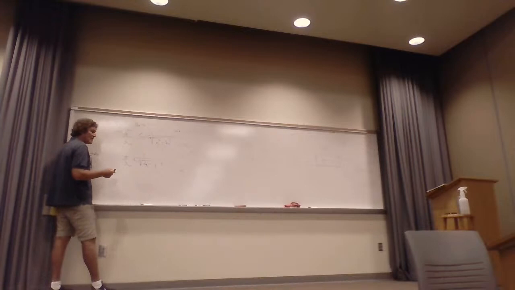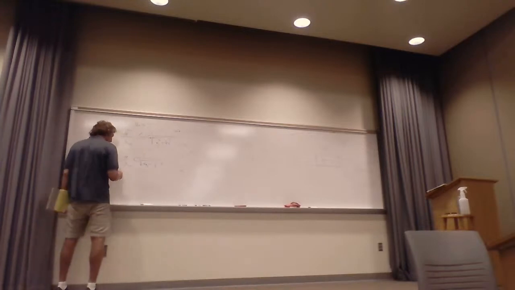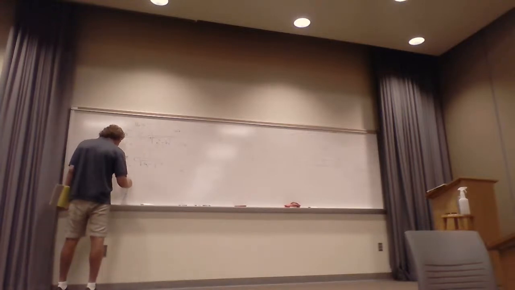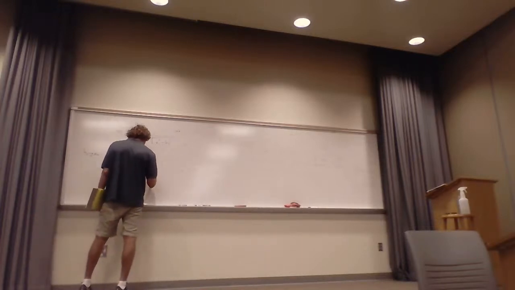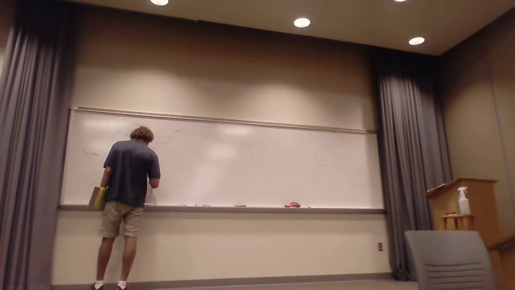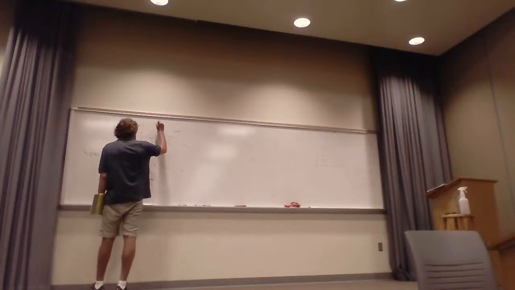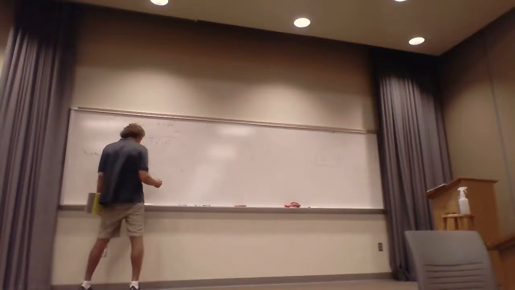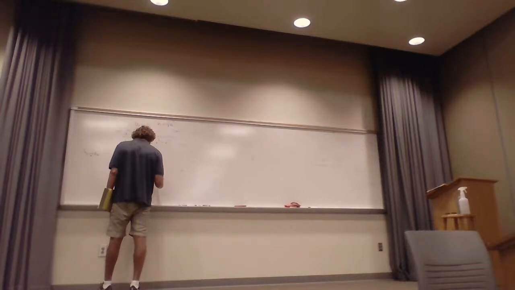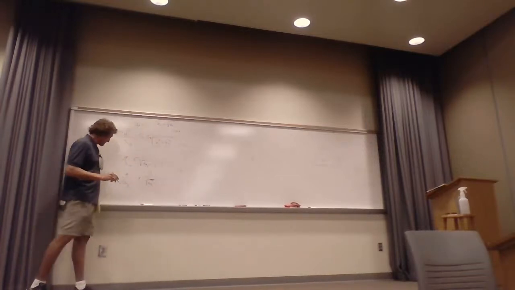You can put lambda naught as c over f, so A over c over f is less than 1 over the square root of epsilon relative 1 minus 1. And because the indices of refraction are just the square root of epsilon relative, if we square them, we're going to get epsilon relative 1 minus 1.